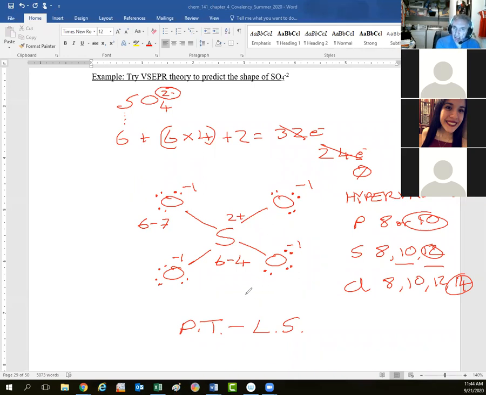And we need to get rid of the charge on the hypervalent element itself. So we are going to use its hypervalency by taking away a lone pair and turning it into a bonding pair. That gets rid of the charge on the oxygen. It should control 6, and now it does, so no charge.